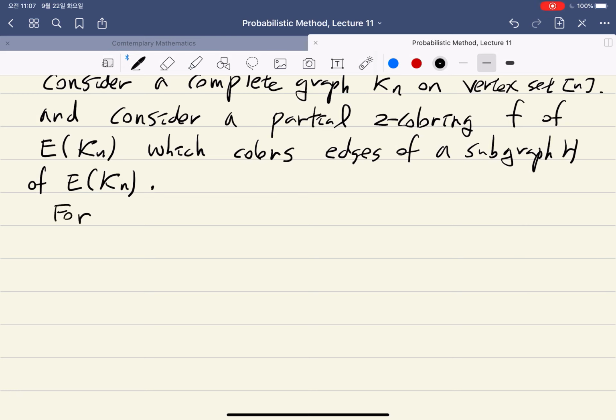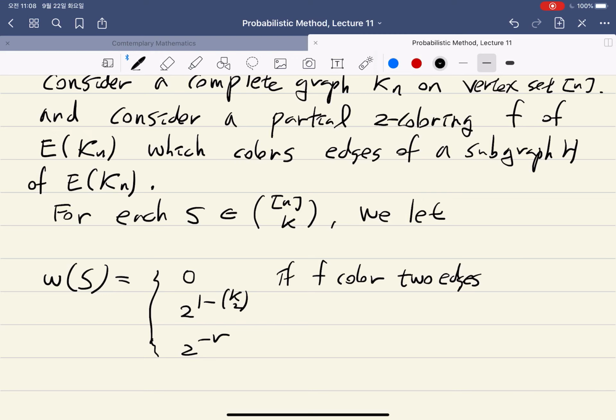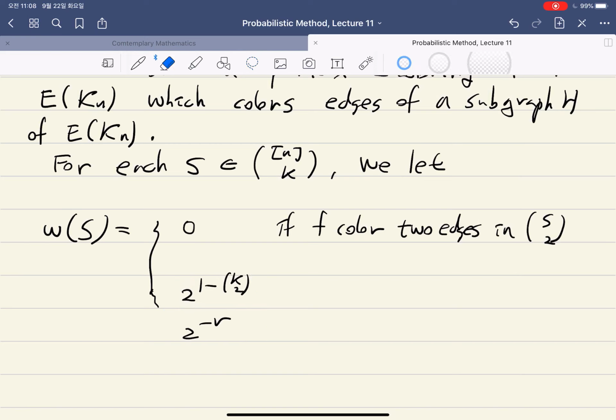And what we do is we define the following weight. For each set S which consists of k vertices, we let the weight of S be either 0, or 2 to the 1 minus k choose 2, or 2 to the minus r. It is 0 if S is already good, in the sense that S will never be a monochromatic K_k, which means there are two edges inside S choose 2 which already get two different colors.